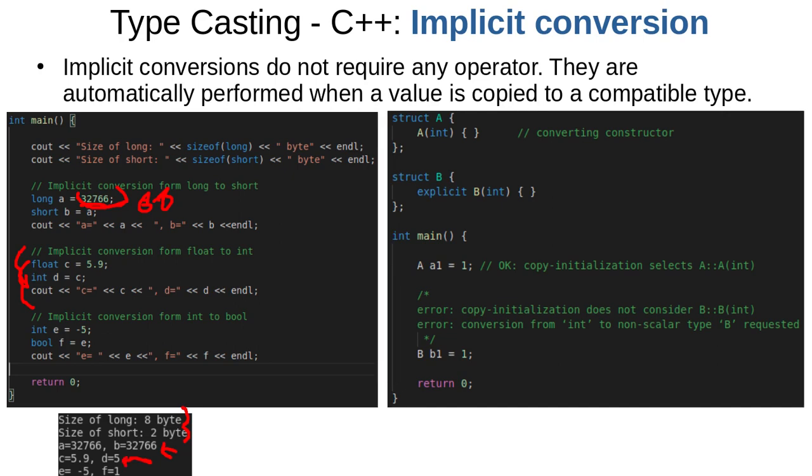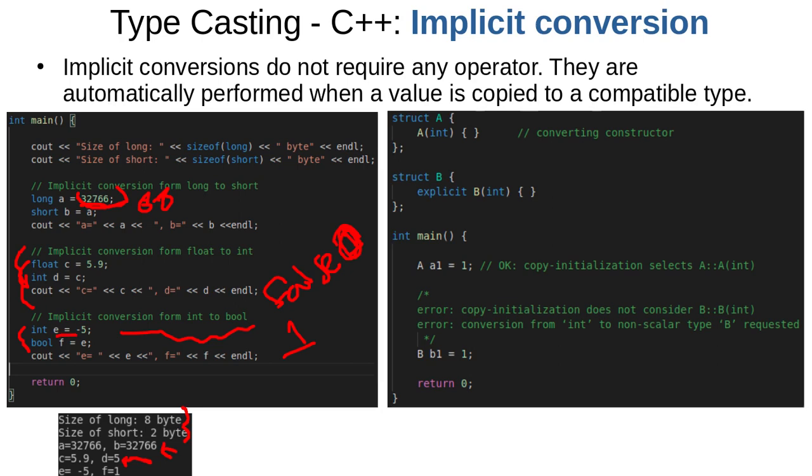Here I'm trying to cast an integer to a boolean. So how can this be done? Any integer value not equal to 0 will be cast to true. True is 1, and when the integer equals 0, it will be cast to boolean false, which equals 0.